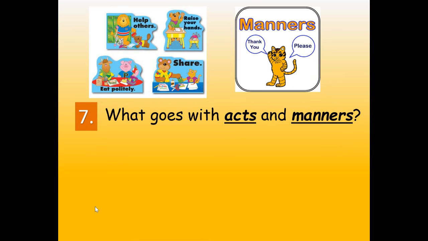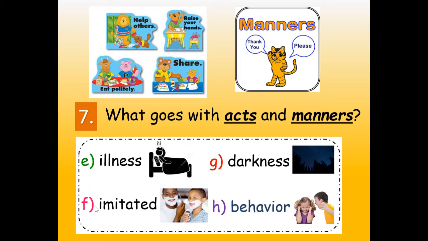Number 7, what goes with acts and manners? Acts would be helping others, eat politely, share, raise your hand. And when you use manners, you say thank you and please. So, what goes with acts and manners? Would it be illness, imitated, darkness, or behavior?